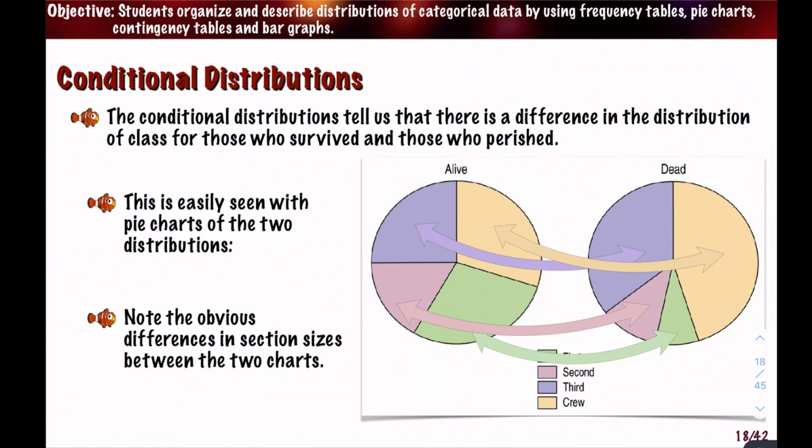If we were to compare these two different conditional distributions as pie charts, it will tell us that there is a difference in the distribution of class for those who survived and for those who perished. You might be saying, okay, that seems pretty logical. This is easily seen with pie charts of the two distributions. Note the obvious difference in section sizes between the two charts.